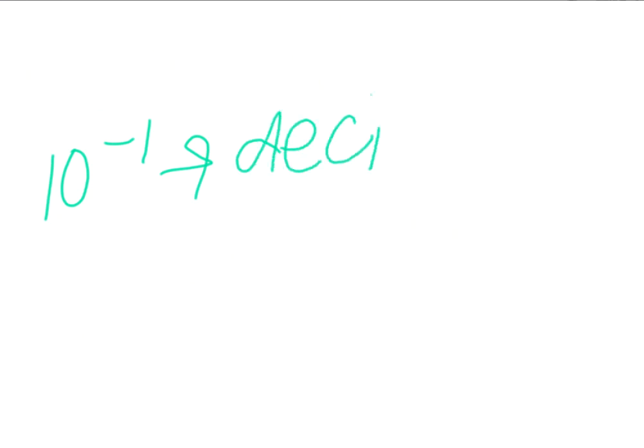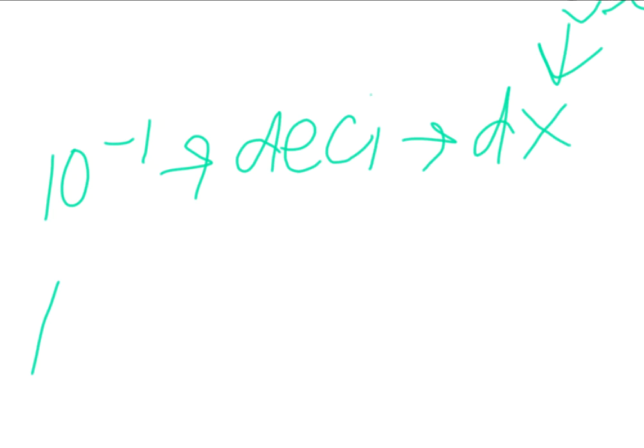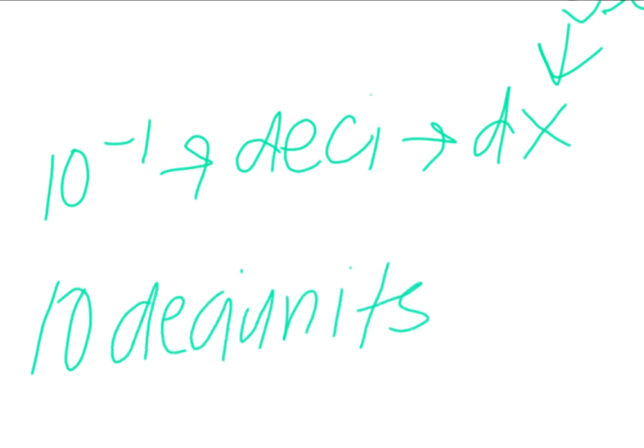So the next one is 10 to the negative 1, which goes to deci. And this looks like dX, which is your variable, which you don't know. And 10 deciunits is 1 unit.